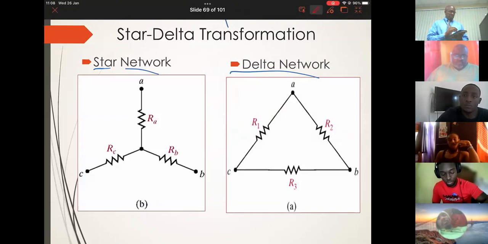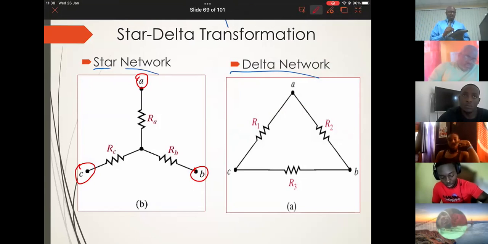And the terminals, you have A, B, and C. So if I'm connecting the network to an external circuit, those are the three terminals that I would connect for the star.